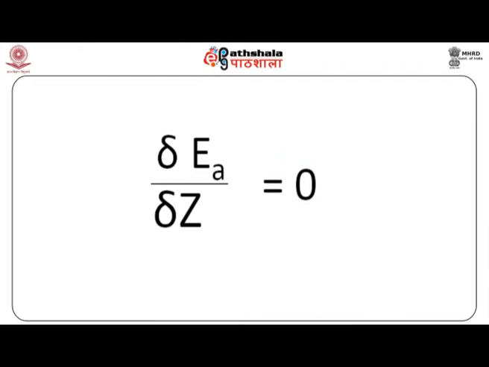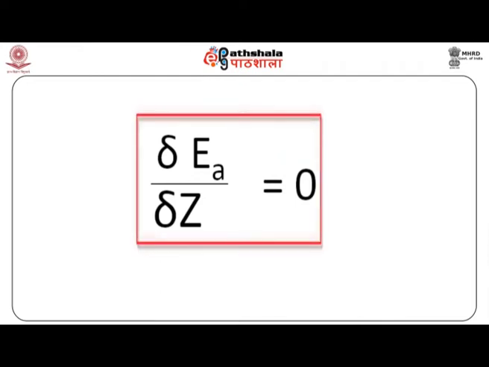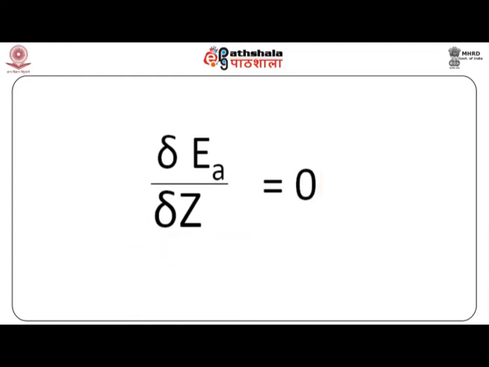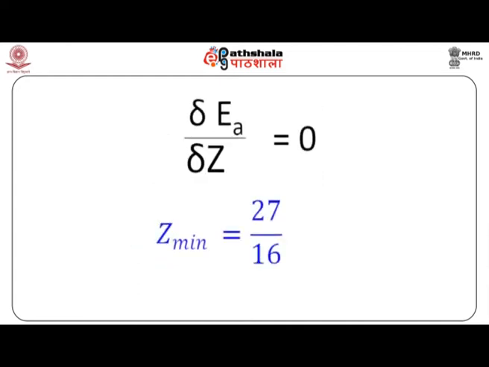That is, del Ea by del z is equal to 0, which gives equation 18. Z minimum equal to 27 by 16.